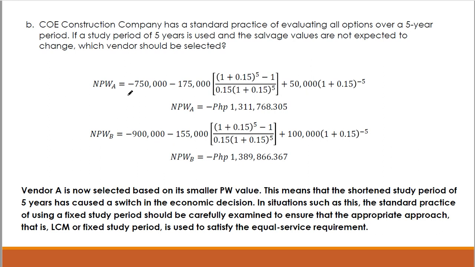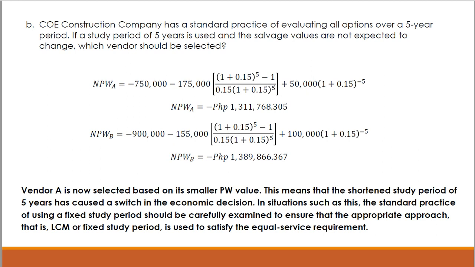Okay. So, which vendor should be selected? So, for vendor A, since 5 years lang, take note, 5 years lang yung value ng N natin and then 15% yung MARR. So, lahat lang ng cash flow within 5 years, yun lang ang i-compute natin. I-include natin.